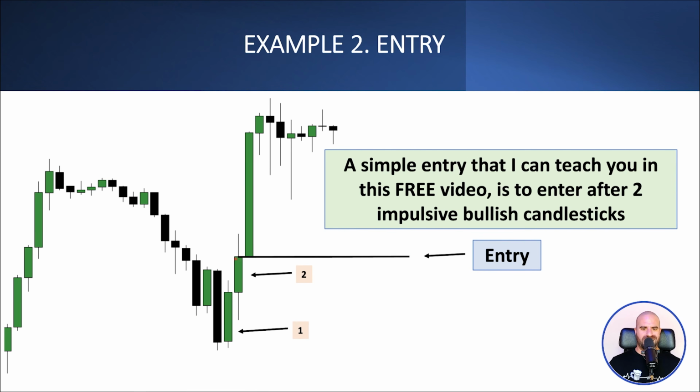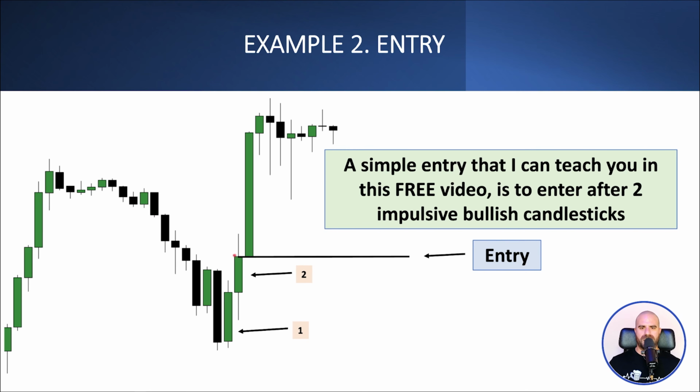But the entry that I'm going to show you is you will be entering after the occurrence of two strong bullish candlesticks. Now, this is mostly your confirmation that price is going to continue towards the upside and that this was not a trend reversal situation.